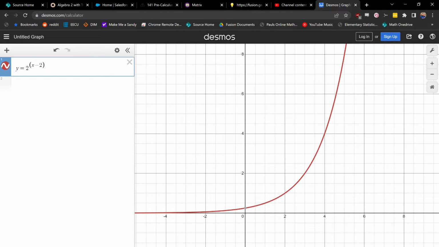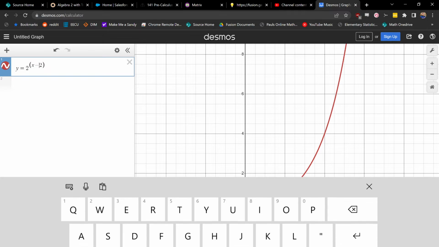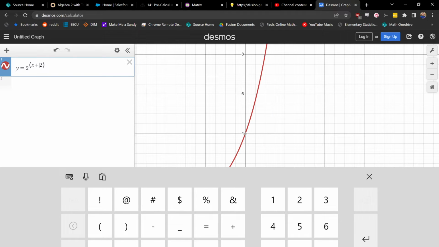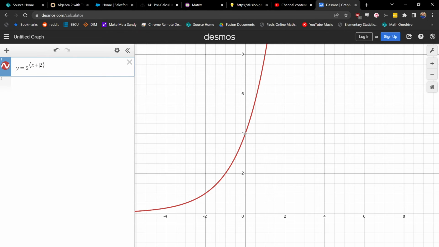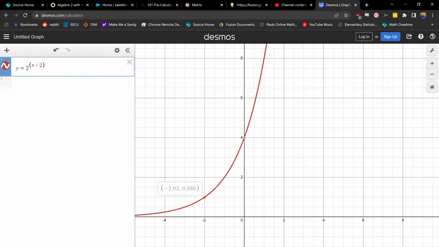Whenever it's inside the argument, and the argument is what we call the stuff that's inside the exponential, things behave the opposite of what you'd expect. So -2 shifts it right, whereas +2 would shift it left.